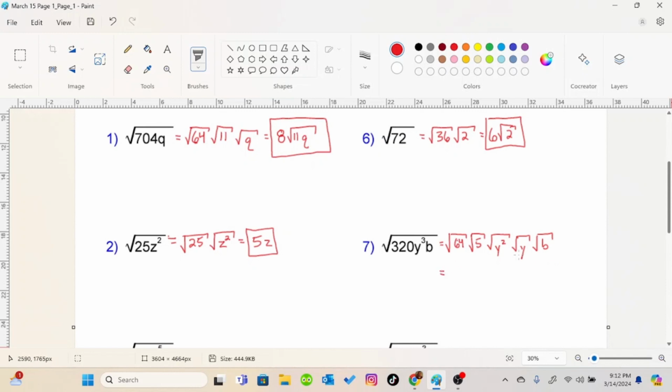Now, the square root of 64 is 8. The square root of y squared is y, and we can combine 5yb back under the radical. So our final answer is 8y times the square root of 5yb.